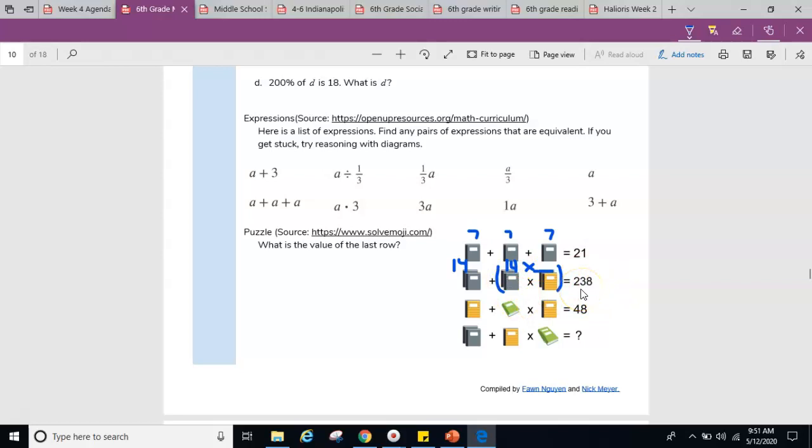So how would you solve that? Alright? And then you're going to go through, and your ultimate goal is to figure out what this question mark is equal to. So plug in numbers, plug and chug.